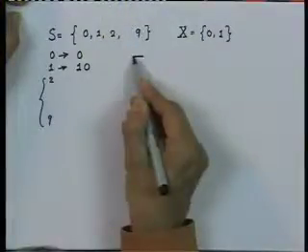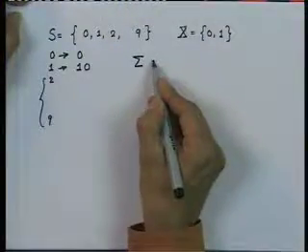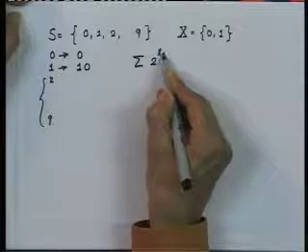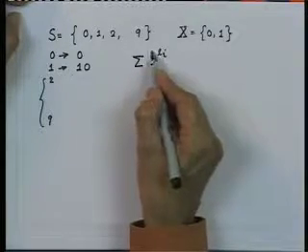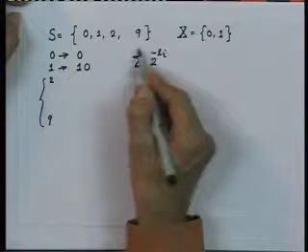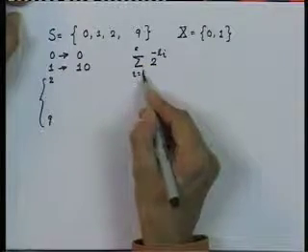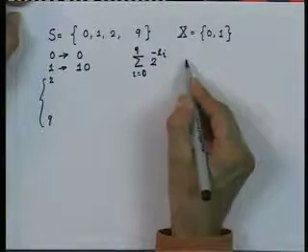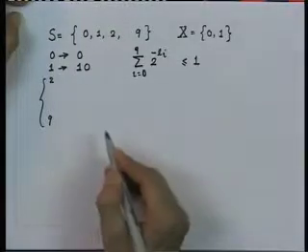Kraft inequality says that this condition should always be valid: summation over i equal to 1 to 9 of 2 to the power minus Li is less than or equal to 1.